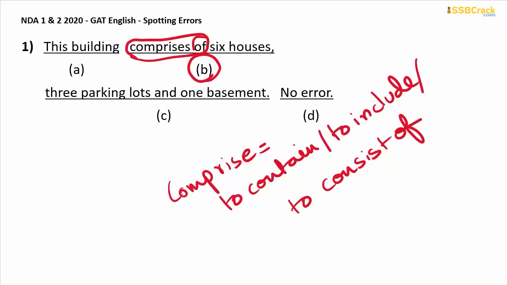So the usage of the preposition of is not necessary after the word comprises. So the correct sentence will be, this building comprises 6 houses, 3 parking lots, and 1 basement. There is the wrong usage of the preposition of after comprises. So therefore, your answer is option B, because part B of the sentence has the error.